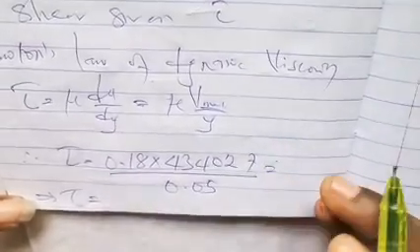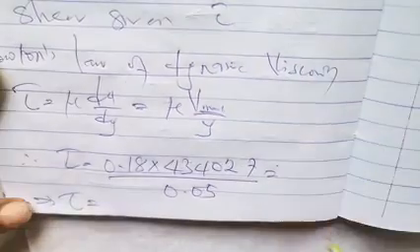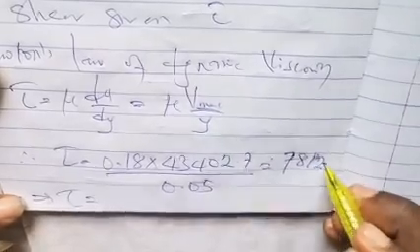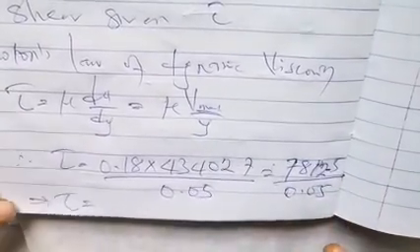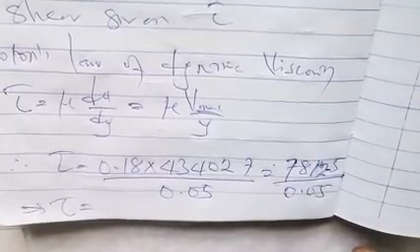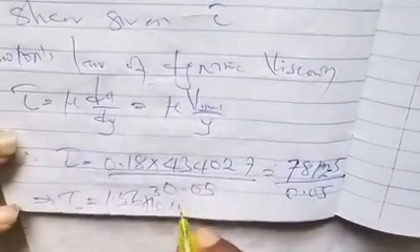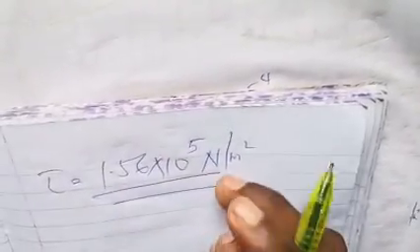So let's obtain the product of the numerator: 0.18 multiplied by 43,402.7 gives us 7,812.5, all over 0.05. So we divide that and we obtain the shear stress. We have 1.56 by 10 to the power of 5 newtons per meter squared. Okay, let me take it down here. So the shear stress tau is 1.56 by 10 to the power of 5 newtons per meter squared. So this becomes the value of the shear stress.